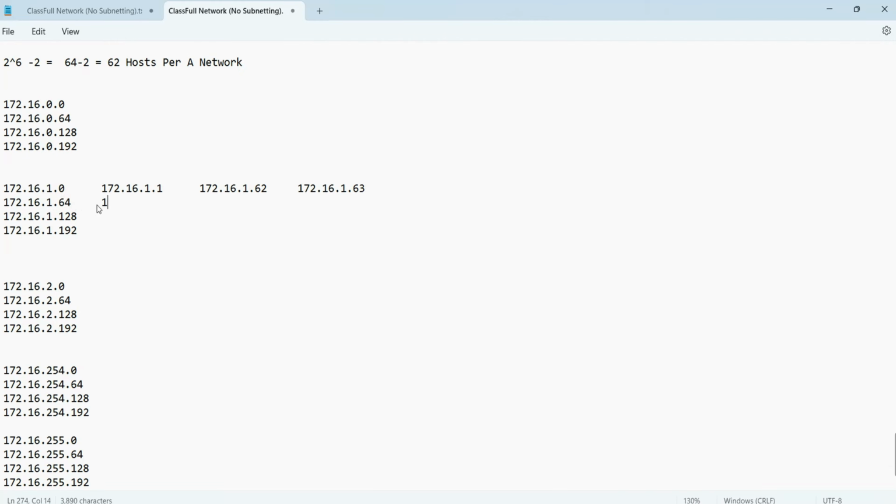So 172.16.1.65 is the first host. 1.126 is the last host. And then 1.127 is the broadcast. See that? That's how I calculate this. That's how I get all this information.